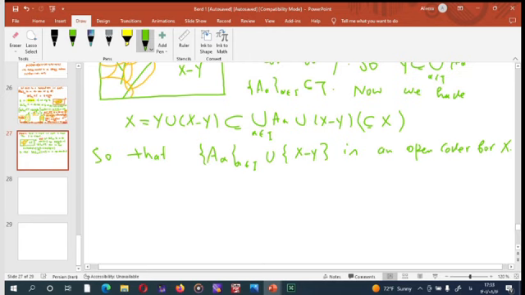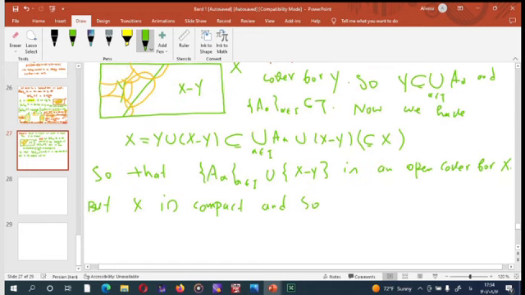So that this is an open cover, but X is compact, and so there are a finite number of these that cover X. There exists a finite number of this open cover that cover whole of X, so that a finite number of these must cover Y.